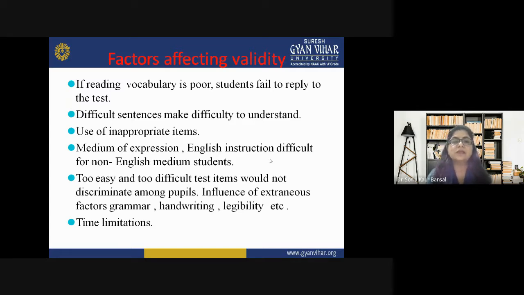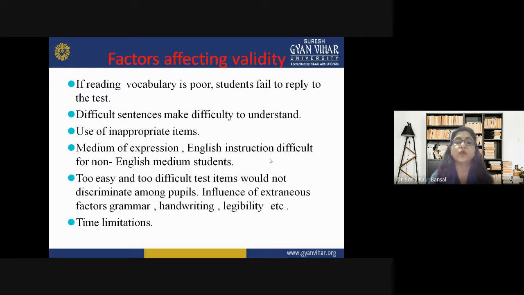Then next factor affecting validity: use of appropriate items. Inappropriate items include poor validity. So what you want to measure in your test, include that only. If you are including any other item apart from your testing components, then you will not have a sound validity.